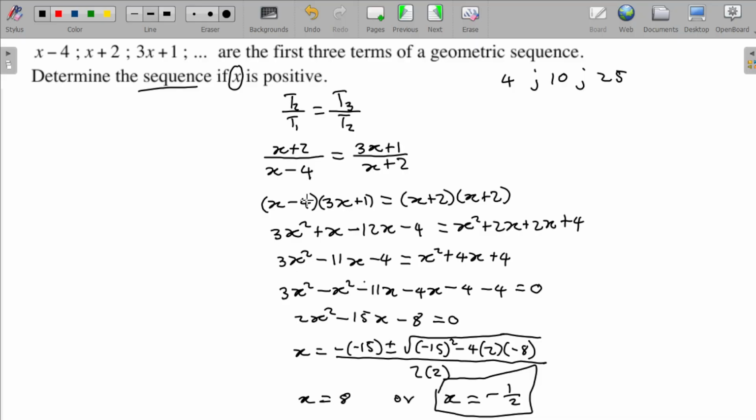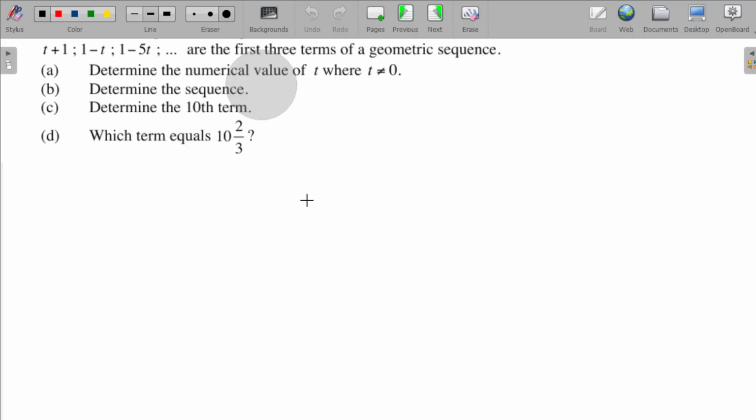Now let's go to the last one. Now this last one is saying again t plus 1, 1 minus t, 1 minus 5t. These are the first three terms of this geometric sequence. Now let's determine the numerical value of t, where t is not equals to 0.